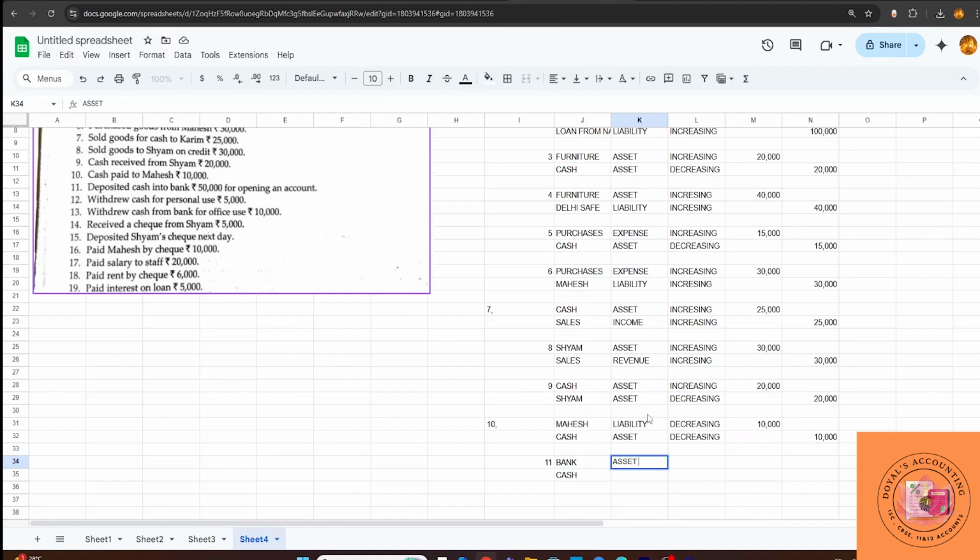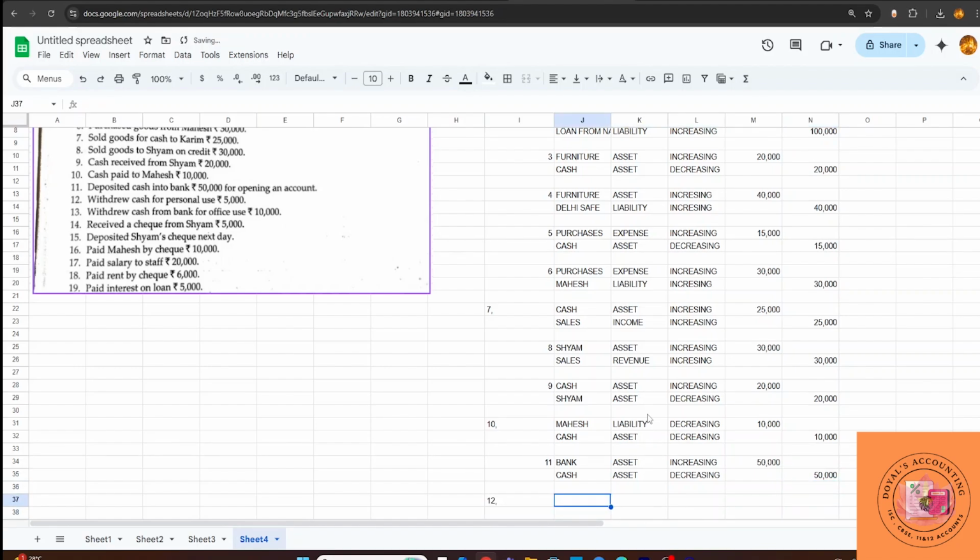Bank is an asset for me and so is cash. Here my bank balance is increasing but my cash balance is decreasing because I am depositing cash into the bank. When my asset is increasing, I will debit it. And when my asset decreases, I credit it. So cash will be credited and bank will be debited.